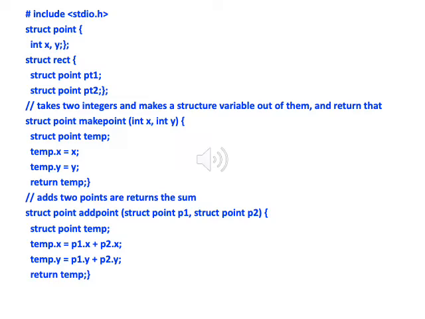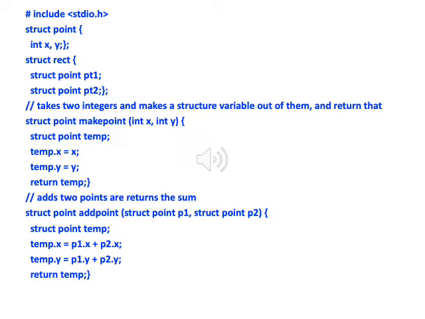So what we say is temp.x, the x component of temp, is equal to the int x, and then temp.y is equal to int y. So now our temp structure variable is loaded, and now we can return that temp value. So this is one function.